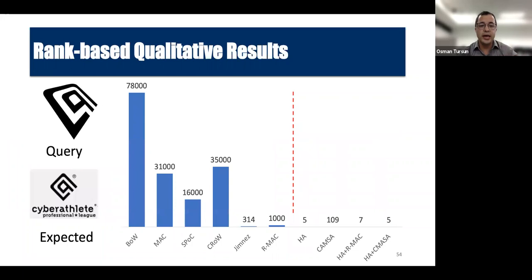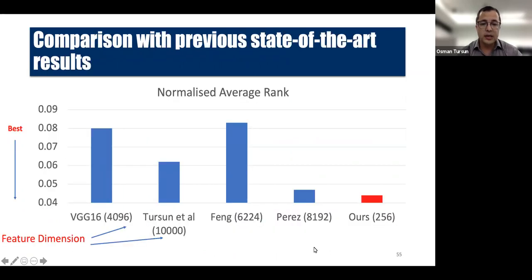If we look at some individual examples, as you see, without our attention, the expected results are not in the top 10 results. And if we compare our results with previous work on the Matthew trademark data set, as you see, our results get the best result with fewer dimensions.